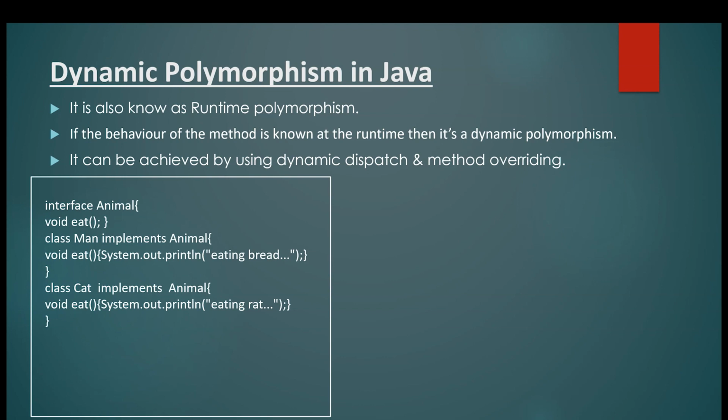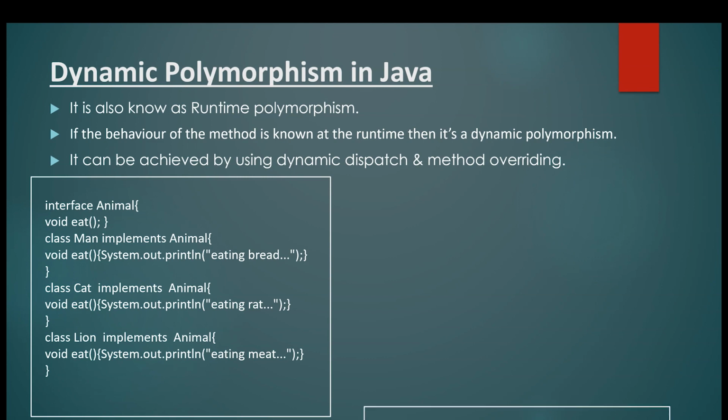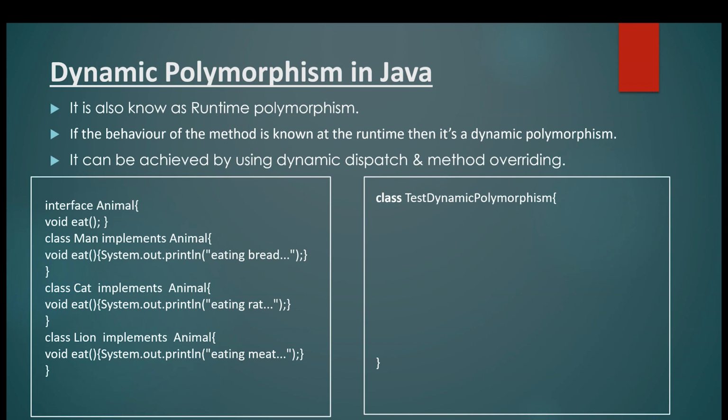Now we write another class which will implement the same interface Animal, and here we'll override this eat method and print eating meat for the lion, right? Now, on the right hand side, if you see, I have written a main class, which will test the dynamic polymorphism. Here I will write a main method. Because Animal is an interface, we cannot create an object of the interface directly.